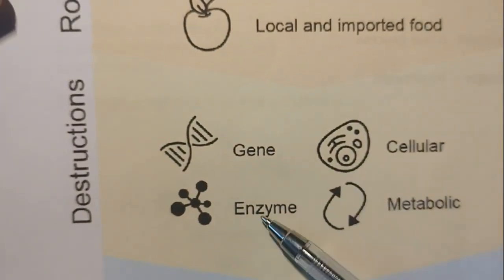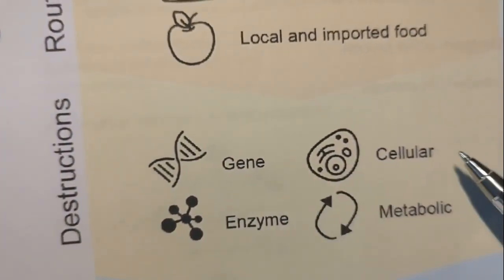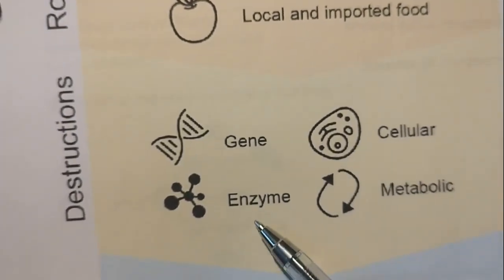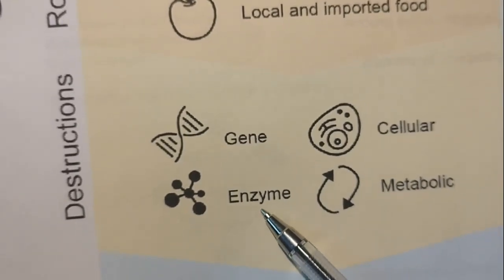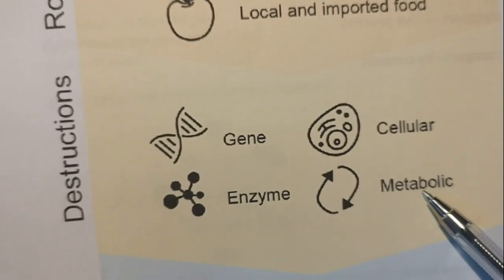Now, how do they harm us? They damage our genes, they damage our cells, they damage the enzymes that are involved in different reactions in the body, and they can disturb the metabolic reactions in the body.